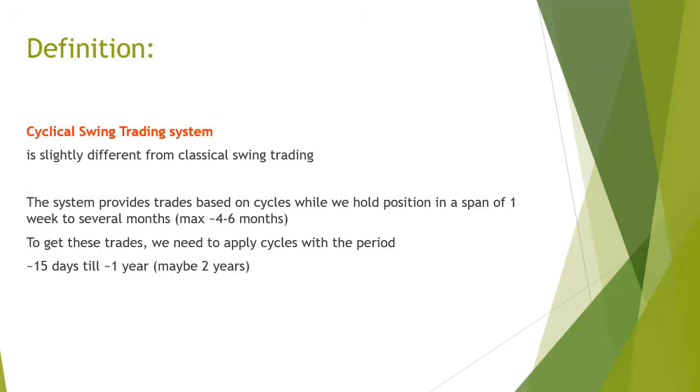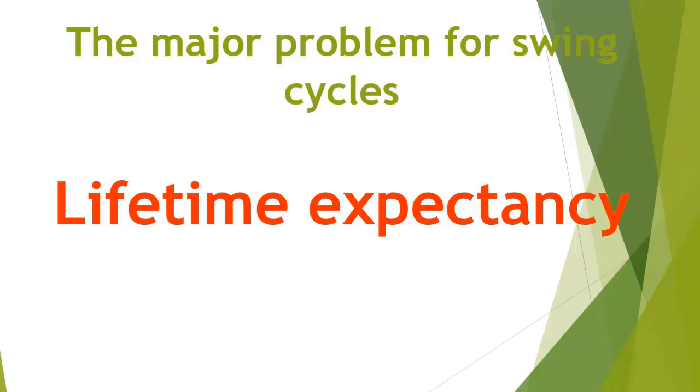And you will see why I analyze these cycles in a special way. The major problem for swing cycles is their lifetime expectancy. And it will be one more definition. This is the last definition here, don't worry.